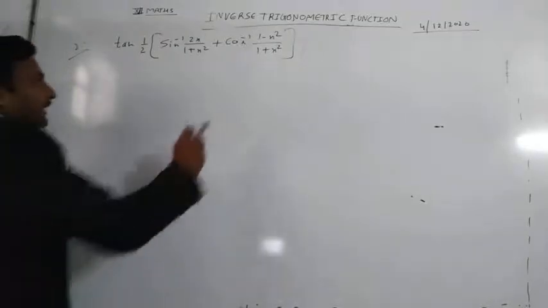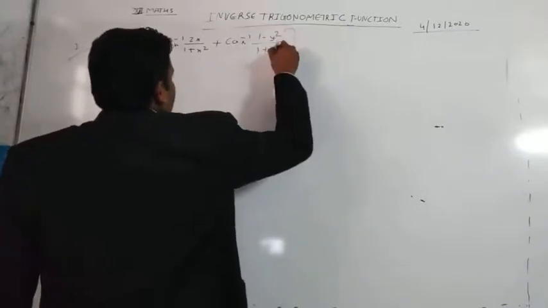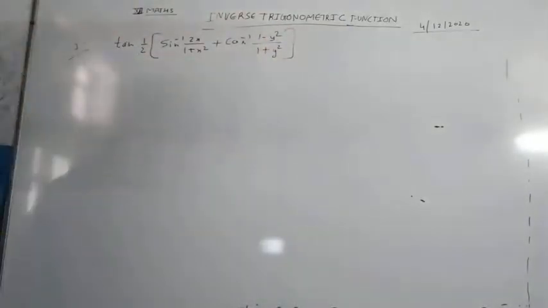So here is y, 1 minus y square, 1 plus y square. So sin inverse 2x by (1 plus x square) plus cos inverse (1 minus y square) by (1 plus y square). Okay.